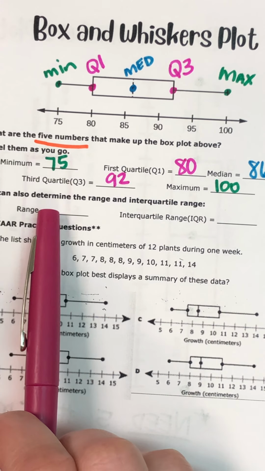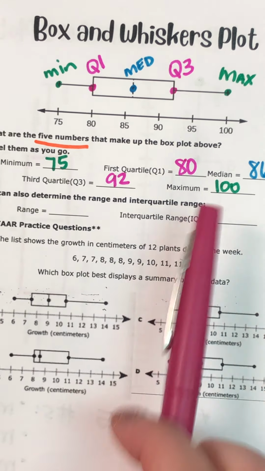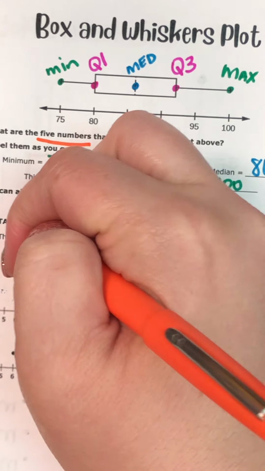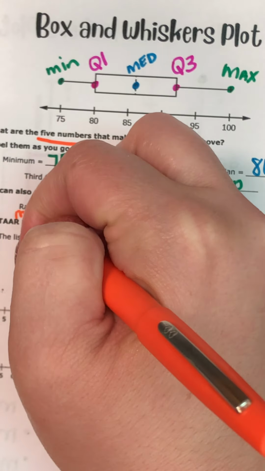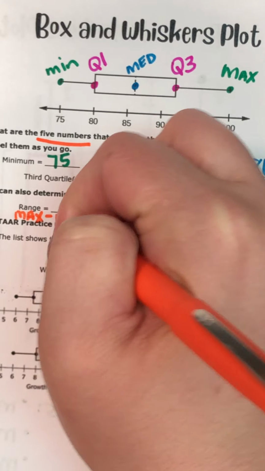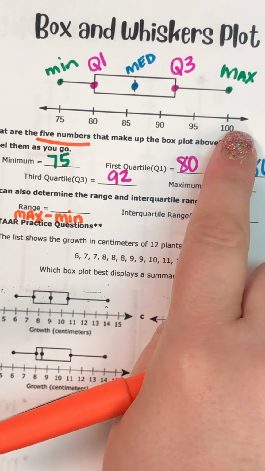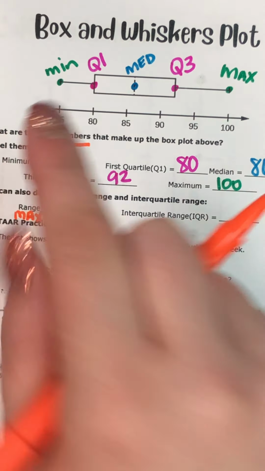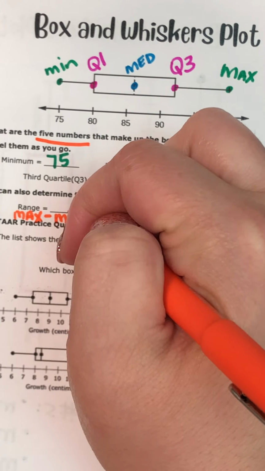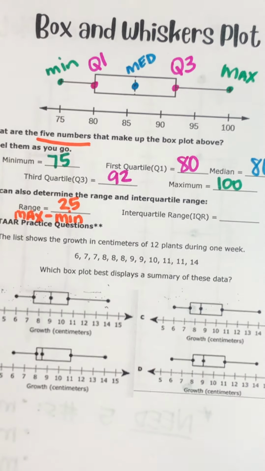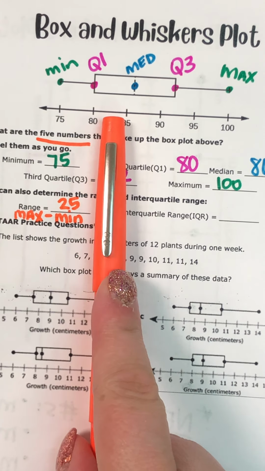Now we can also determine the range and the interquartile range. Remember, range is your maximum minus your minimum. Our maximum was 100 and our minimum was 75. So 100 minus 75 equals 25. The range for this box plot was 25.